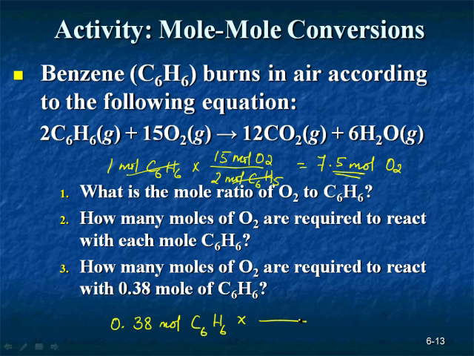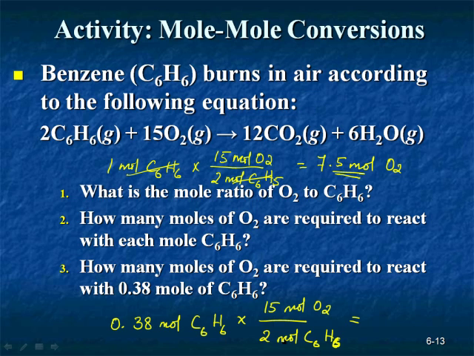And how will I use it? Which goes on the top, which in the bottom? The 15 moles of oxygen on the top and 2 moles of benzene in the denominator. And that ratio is directly taken from the balanced equation. You are not calculating that in any way.